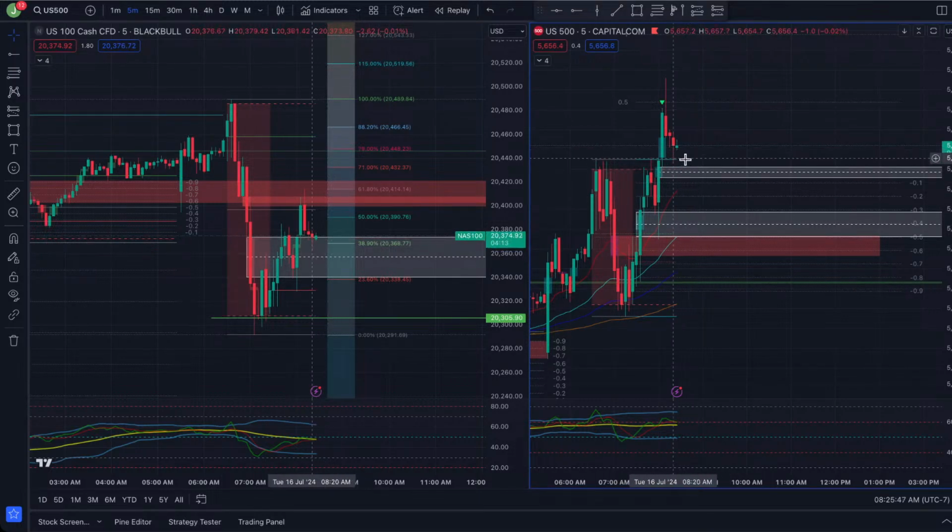US 500 still pushing a little lower. I'd like to see it enter at least this fair value gap and see what it does here.